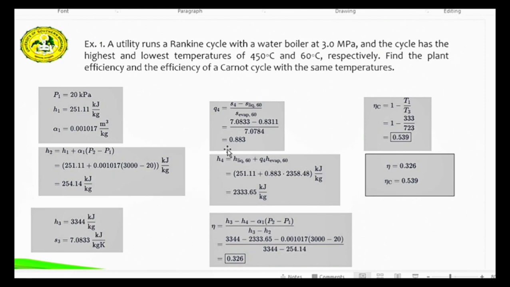And the next process is finding the enthalpy at state 4.